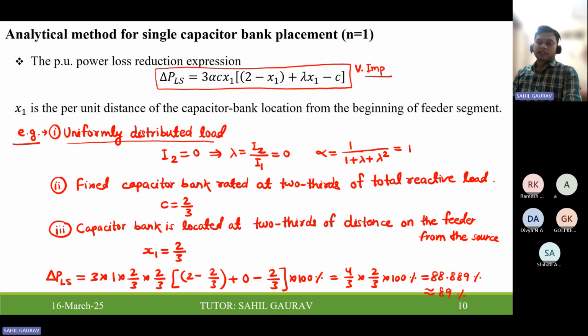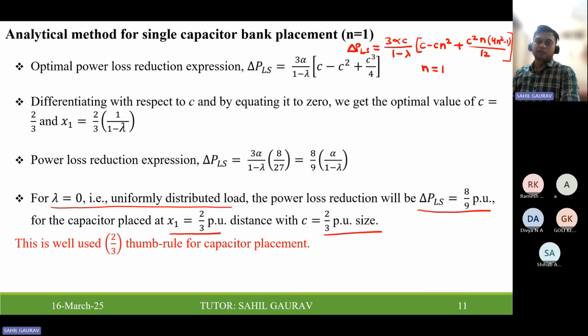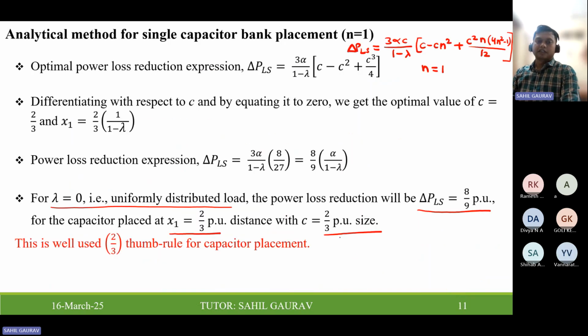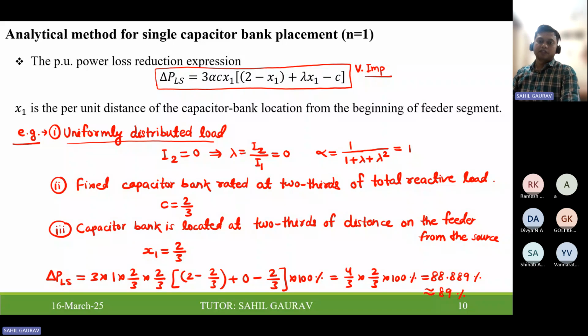So Ramesh, you are telling that it should increase, but if you take something different from these two values, x1 equal to 2/3 per unit and c equal to 2/3 per unit, then power loss reduction should be decreased. So be careful with this term. It is saying power loss reduction, how much percentage reduced. So if you have considered different values from the optimal case, then power loss reduction should be reduced.